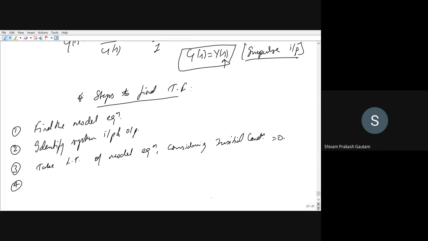Step number 4, find the ratio of output to input. So these are the 4 steps involved. This is quite simple. Find the model equation, identify the system input and output, apply the Laplace transform, then calculate output upon input. That will give you the transfer function.